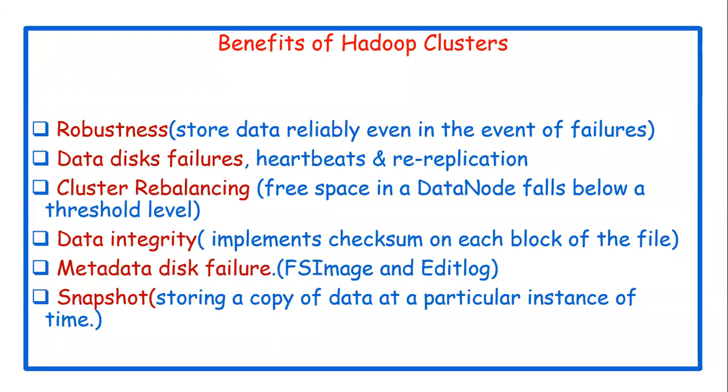Next one is cluster rebalancing. You already know about scalability. Whenever the computation is going on, thousands of machines are not enough. We need to add more machines, more hardware devices. That is called cluster rebalancing. We have to balance the cluster. Not only adding new machines, but also whenever free or empty space is there in a particular data node or some set of data nodes, our threshold level will fall downside.